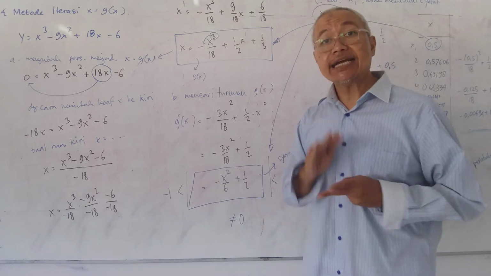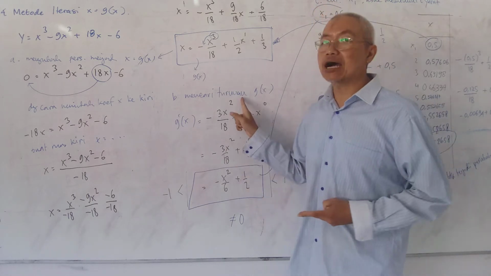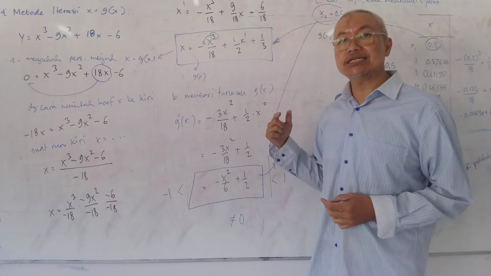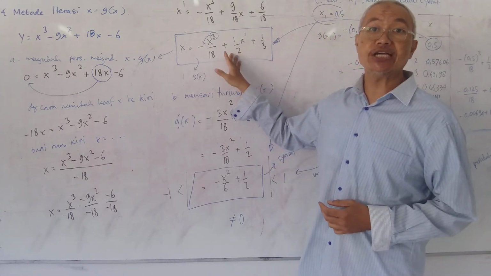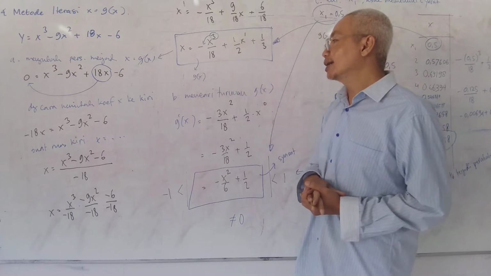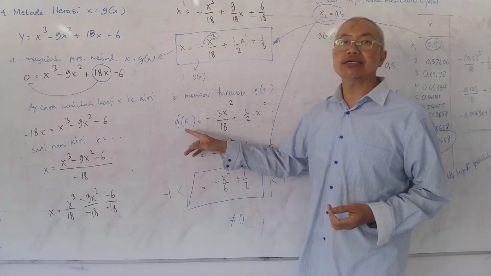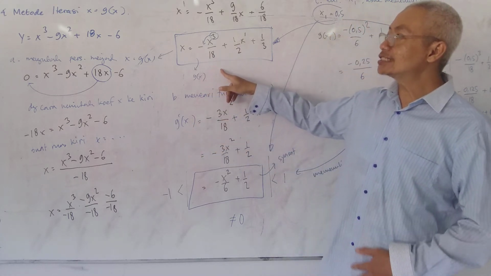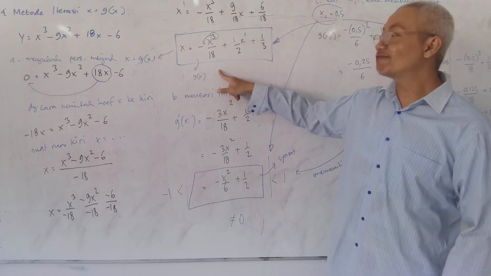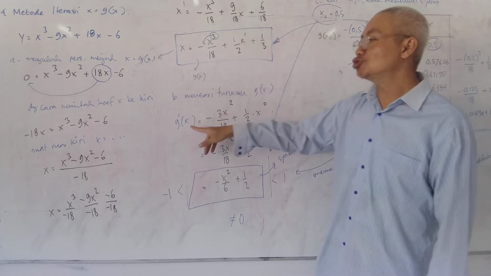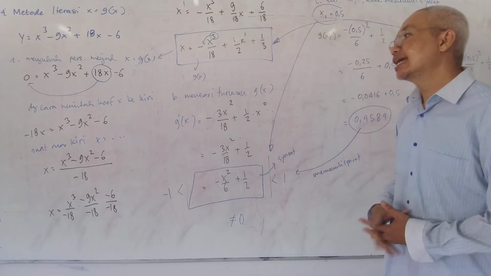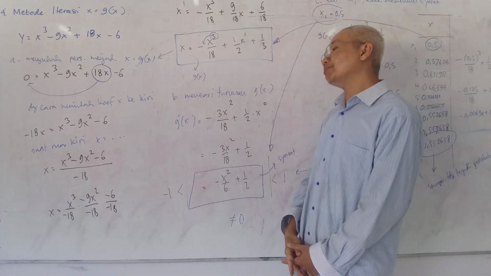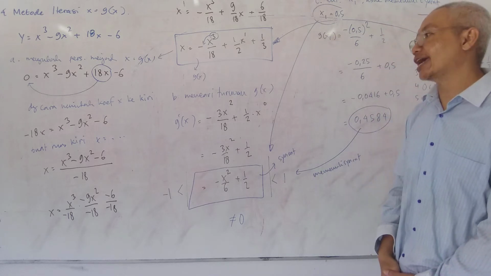Okay, the second step is we find the differentiation. We differentiate this equation with respect to x. I symbolize the derivative of this equation as g'(x). So we find g'(x). It is minus 3x squared per 18 plus half x.